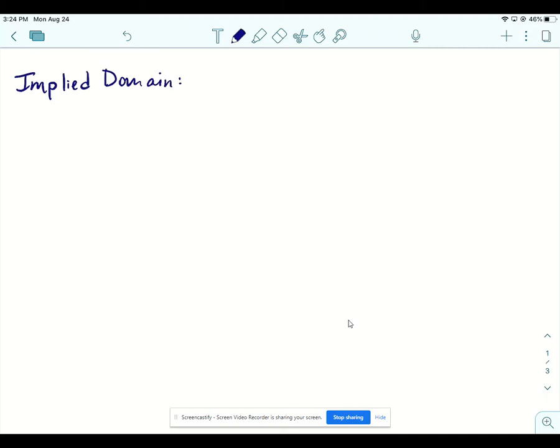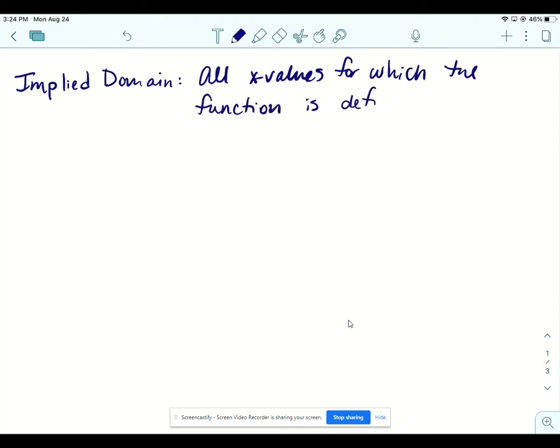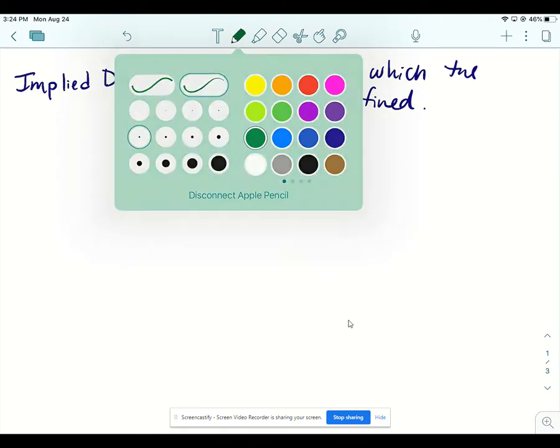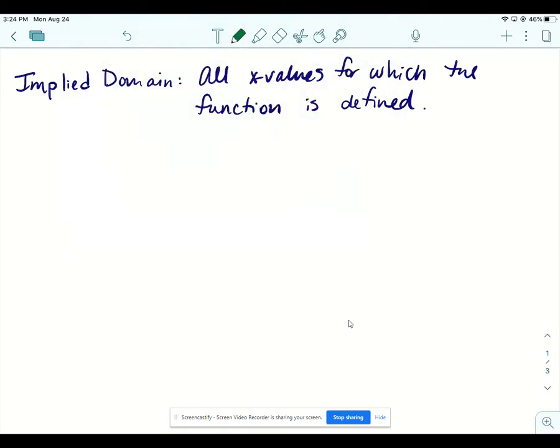So what we do is we represent all the x values for which the function is defined. That's the implied domain. So what you need to think about is what makes a function undefined.